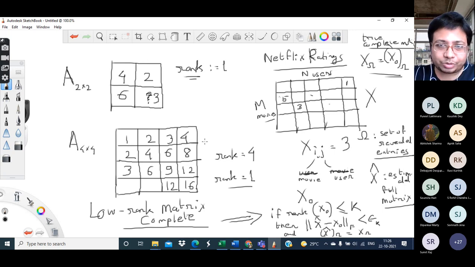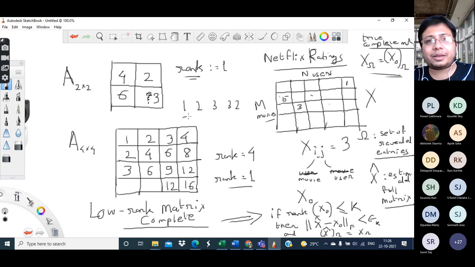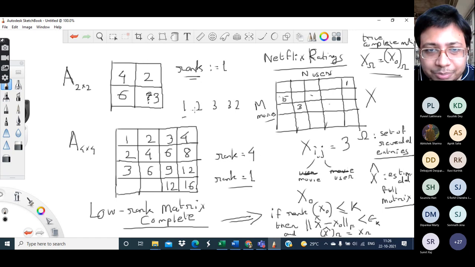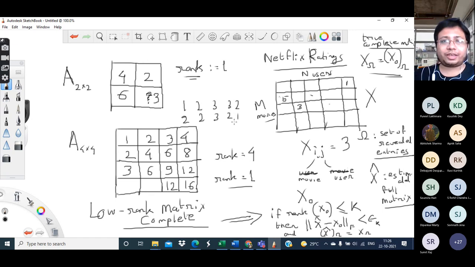That is, users will not have exactly the same taste. We cannot say that if one user has given ratings like 1, 2, 3, 3, 2 to 5 different movies, the other users will give exactly the same ratings. But maybe their ratings will not be very different. Maybe instead of this particular thing, they would give 2, 3, 1. This kind of rating also they may give.